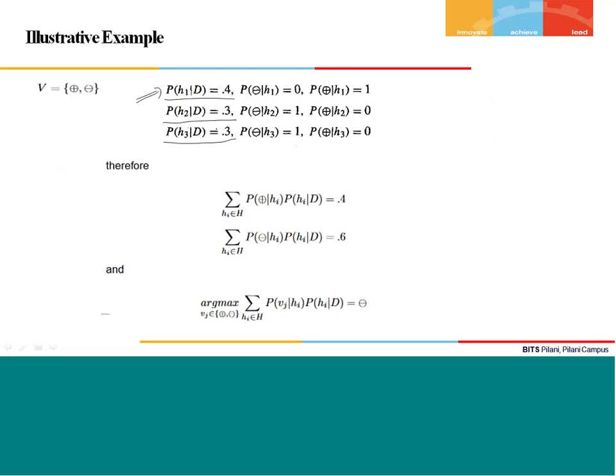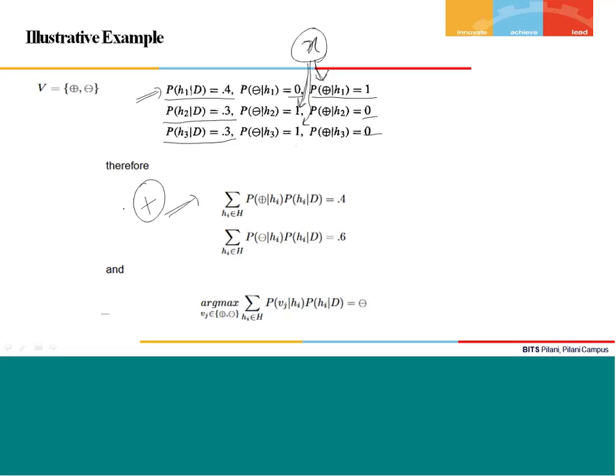Now H1 classifies a given X as positive, and the same X is classified by H2 as negative, and H3 also classifies the same X as negative. What is the overall probability that goes in favor of the positive classification?